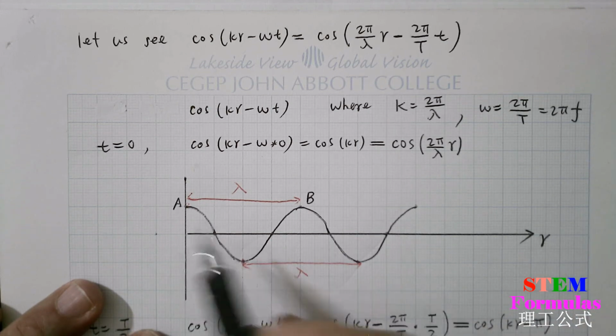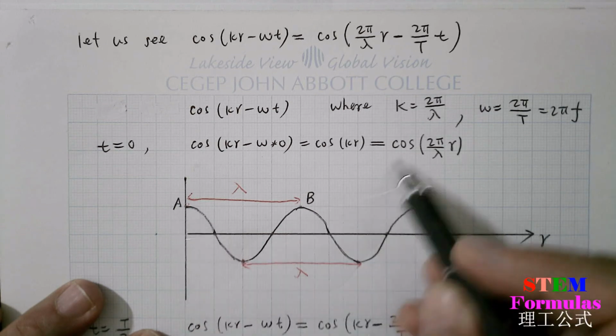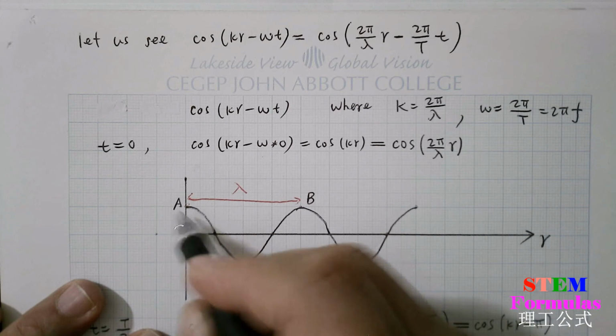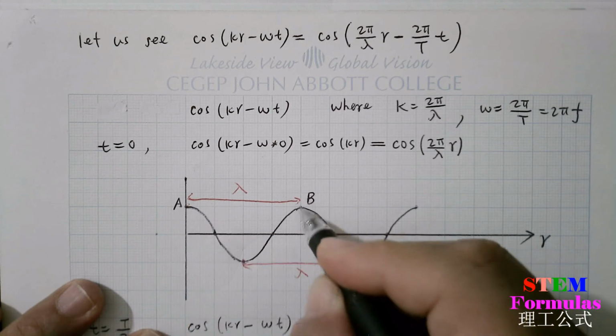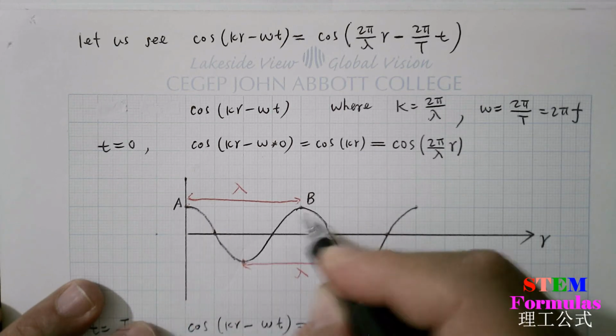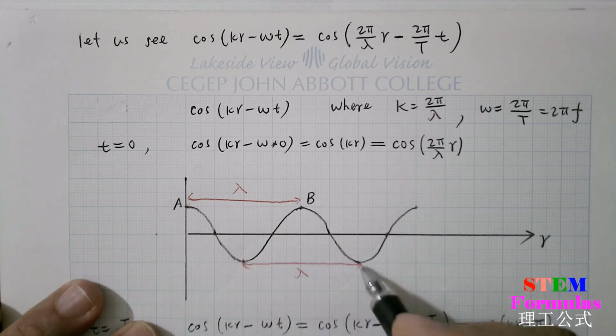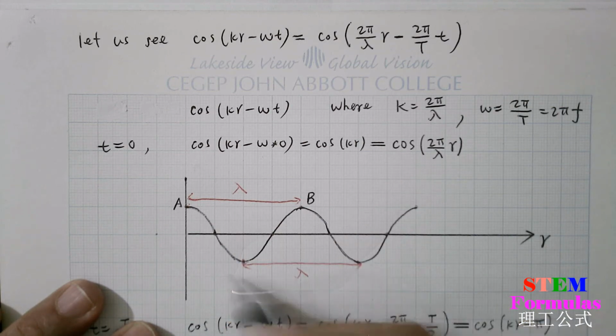Now, you see, the cosine function is this. From this point to this point is the wavelength lambda, and also from here to here is one wavelength.